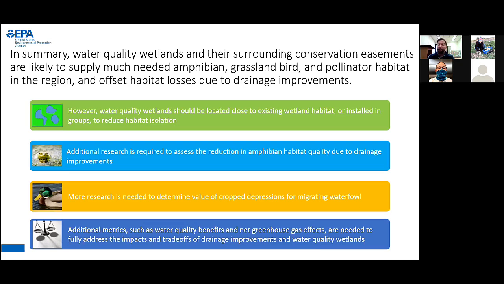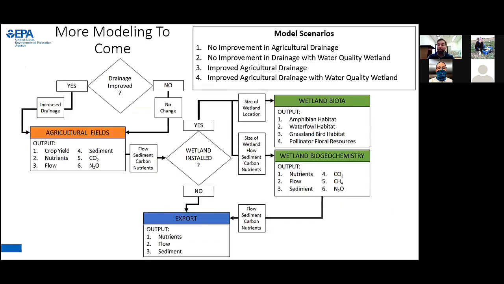And then finally, additional metrics such as water quality benefits and net greenhouse gas effects are needed to fully address the impacts and trade-offs of drainage improvements and water quality wetlands. And as I mentioned earlier in this presentation, we are currently working on modeling these aspects. For example, modeling agricultural fields with and without drainage improvements to assess the potential impacts of drainage improvements on crop yields, water quality, total flows, and greenhouse gas exchange.